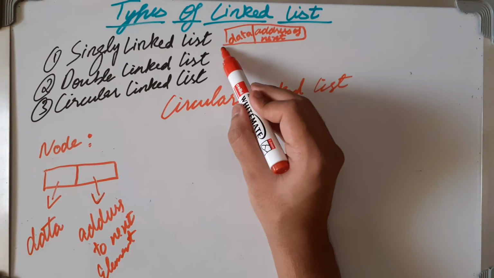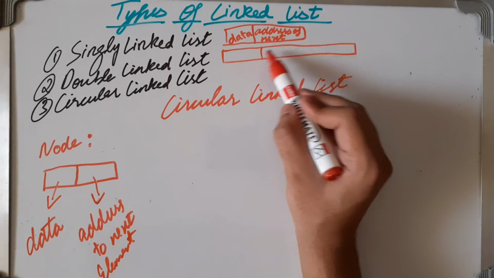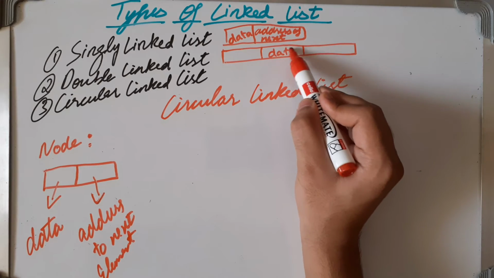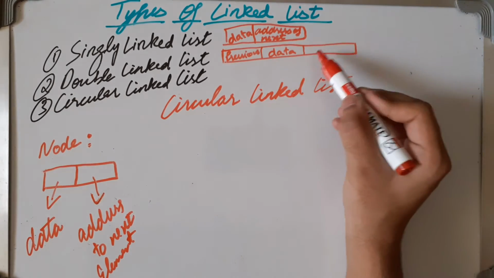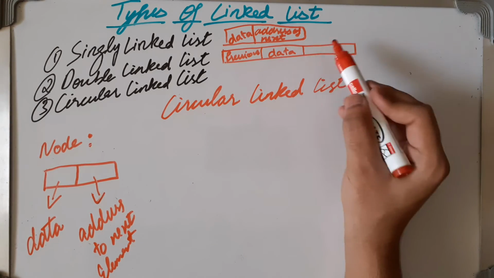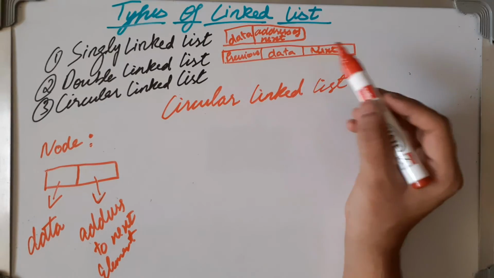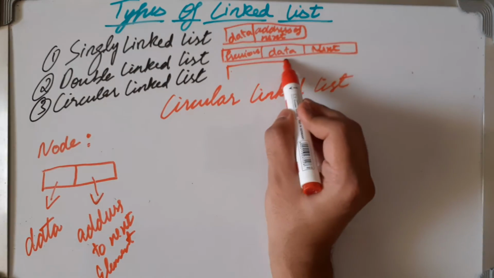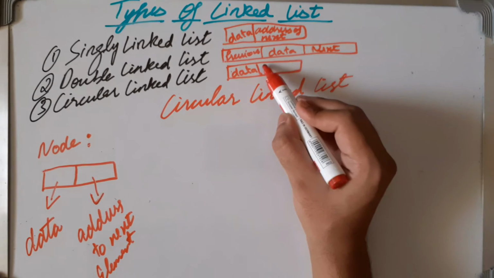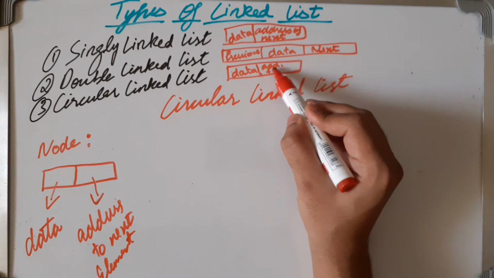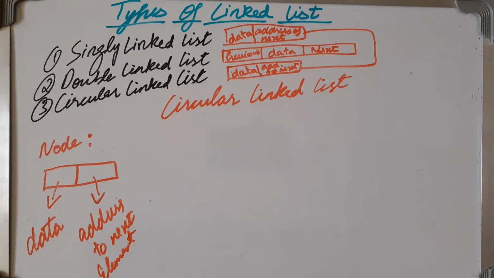Okay guys, a double linked list is having three parts: previous, data, and next element address. And in circular we are having data and address to next, same as this. Okay, same as this we are having a circular linked list.